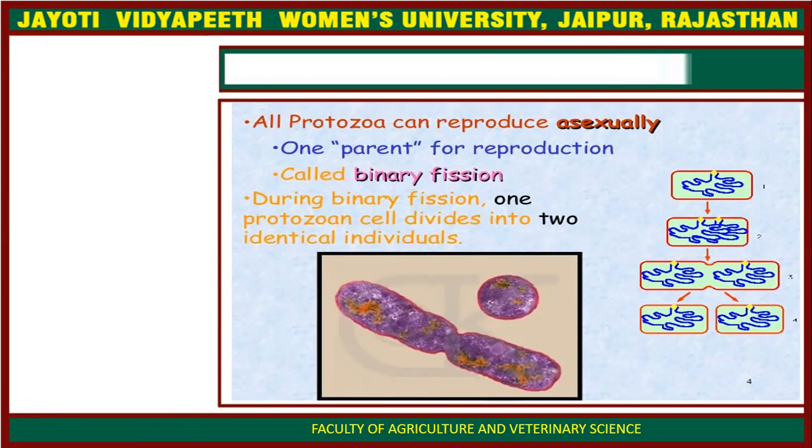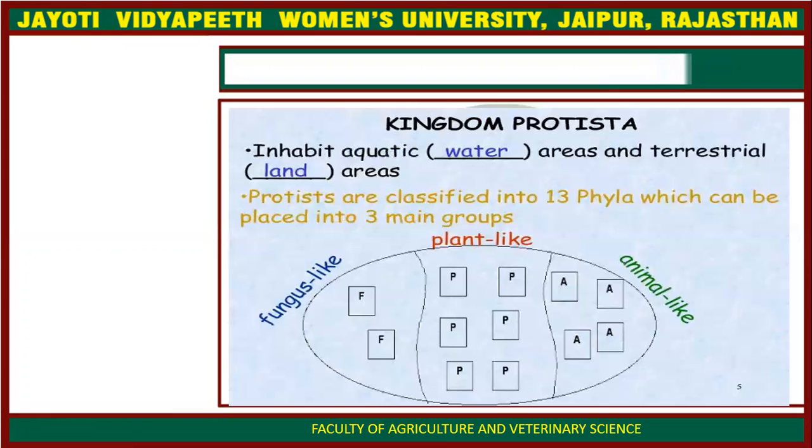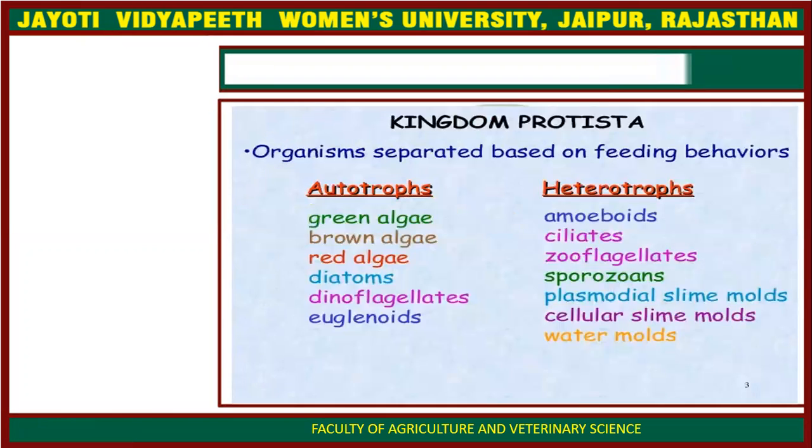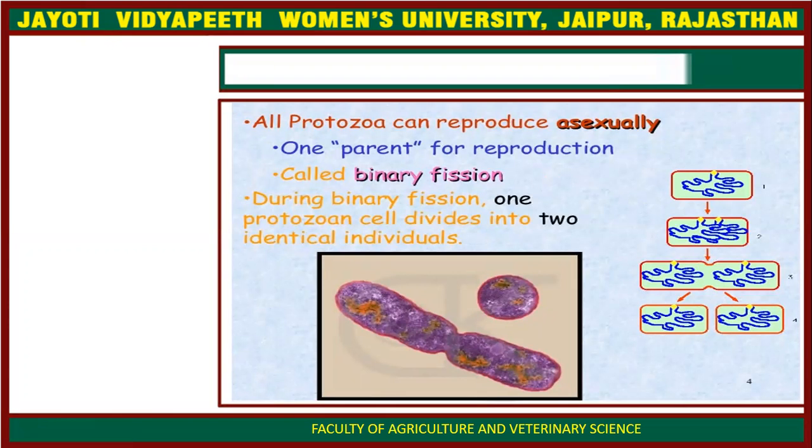All the protozoans can reproduce asexually, meaning they have an asexual mode of reproduction, and they reproduce by binary fission. What is binary fission?